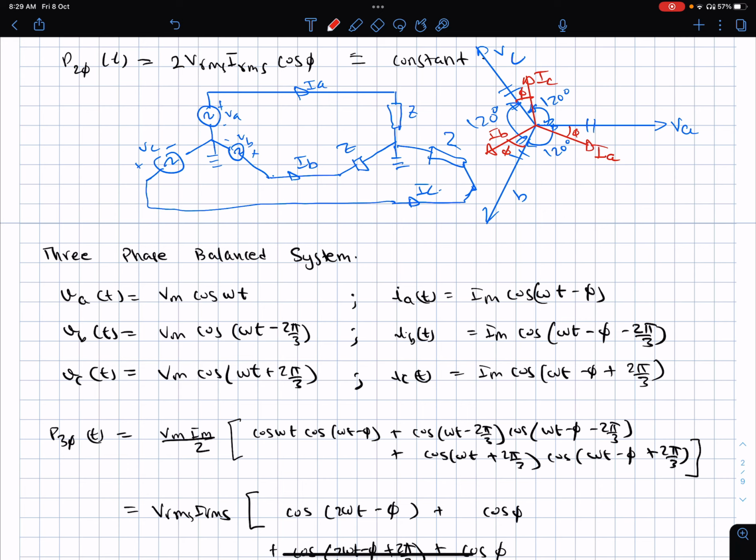If this impedance has an angle of some phi, then these currents will also be lagging the corresponding voltages by an angle of phi, and so IA will be equal to VA by Z, where VA is actually the voltage from 0 to this point. So VA by Z.